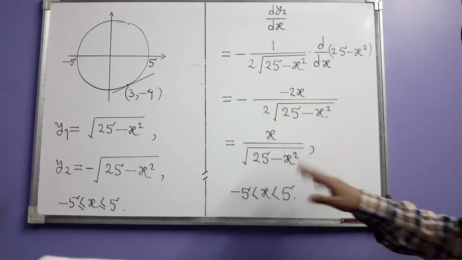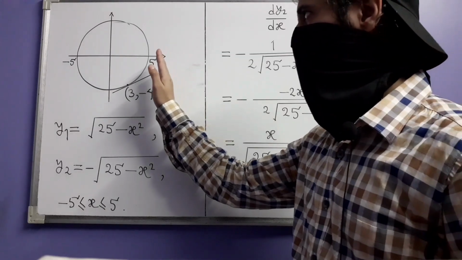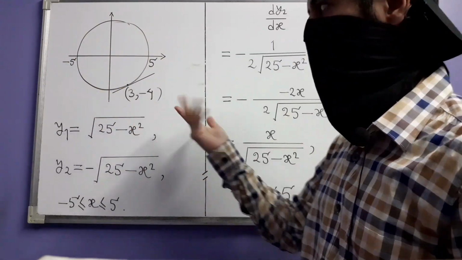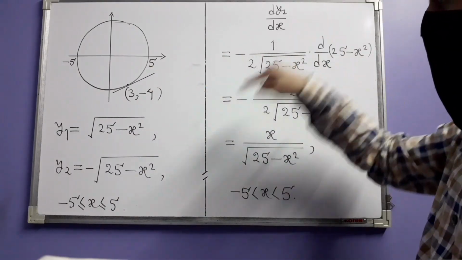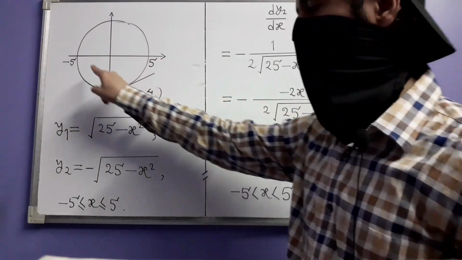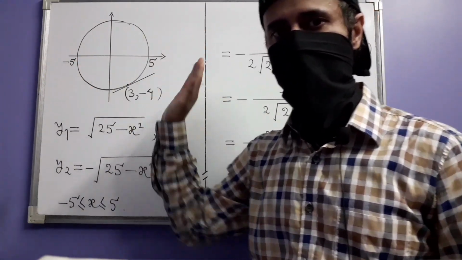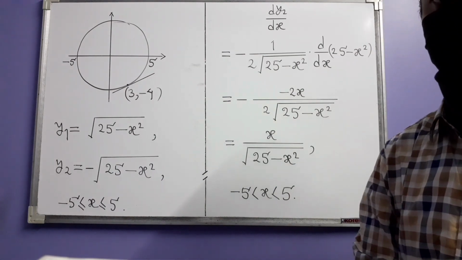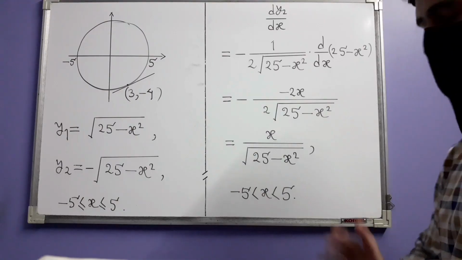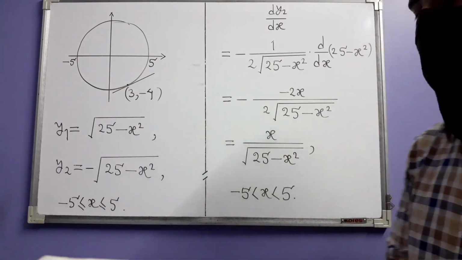However, when you are differentiating, note that the tangents to this lower part of the circle at these extremities are vertical. So their slope is infinite. In order to avoid that, we do not include minus 5 and 5. Elsewhere there is some slope which is finite.